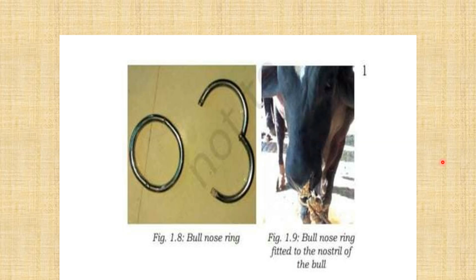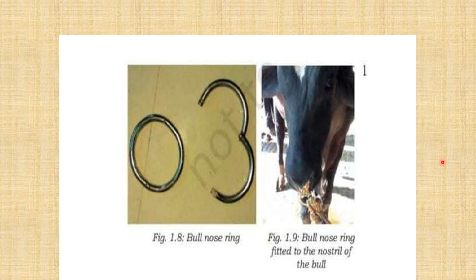Then the bull nose ring comes in different types of shapes. Depending upon the budget and at the same time the strength of a particular animal, it needs to be calculated, and later we can know that the animal can be restrained properly with the available facility.